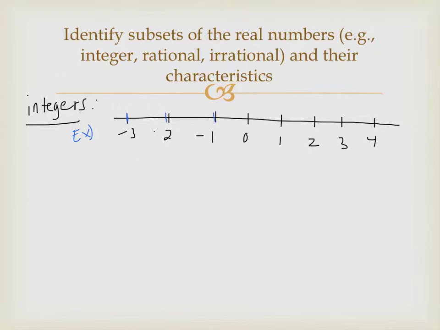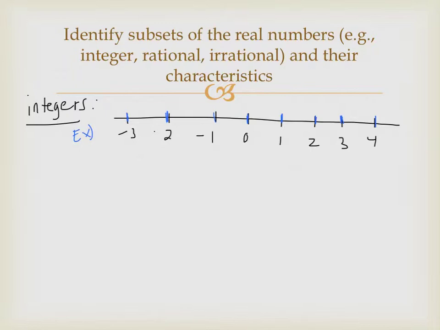So 0 and any positive or negative whole number is an integer. So, in terms of your notes, you should write something like positive or negative whole numbers, including 0.